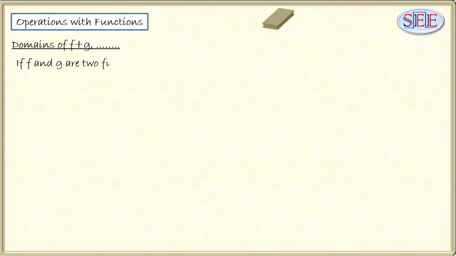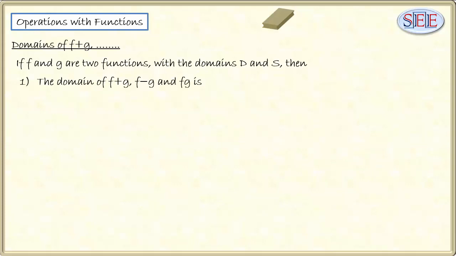So if f and g are two functions, and those two functions have domains D and S respectively, then number one, the domain of the sum of two functions, the domain of the difference of two functions, and the domain of the product of two functions are all the same, and that domain is nothing but the domain of f intersect the domain of g.